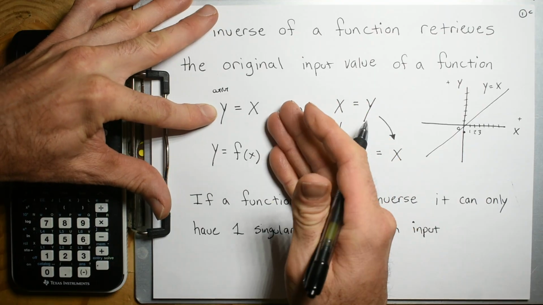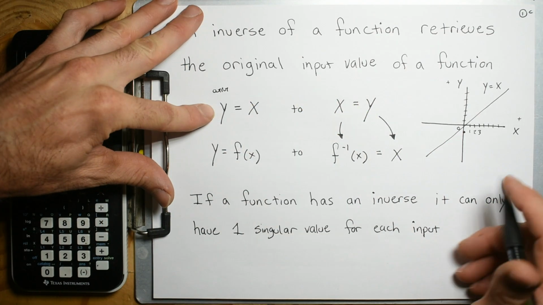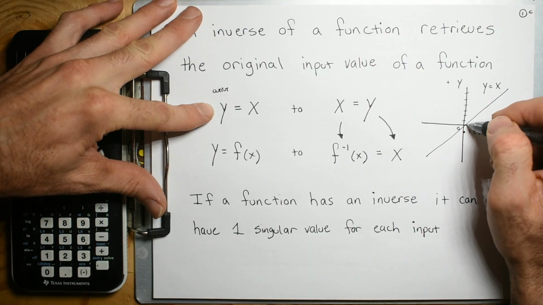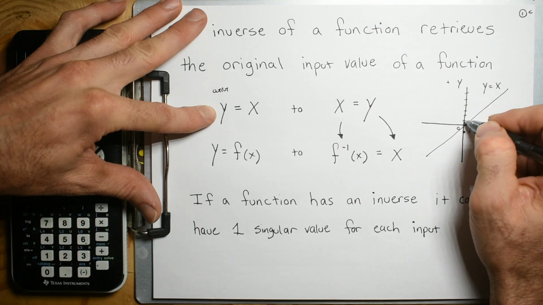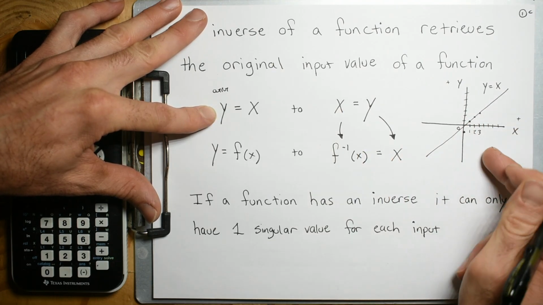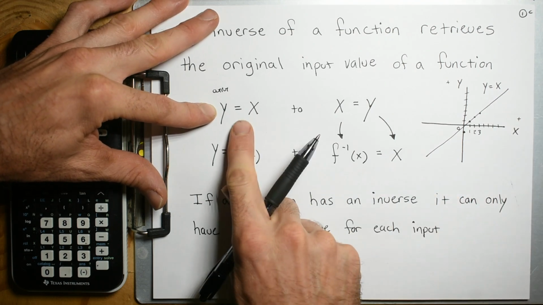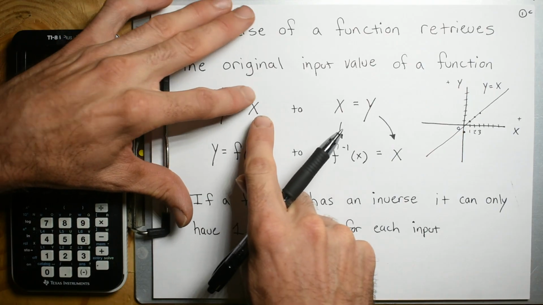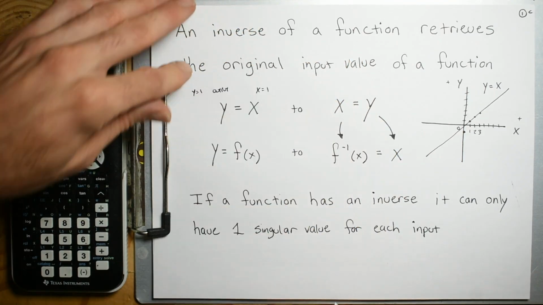Functions can give kind of any number as output. If we input 1, we might not expect it to be just 1 for a lot of different functions, but for this one of the simpler functions, that's what we expect. So we input a value of x equal to 1, and y is equal to 1.